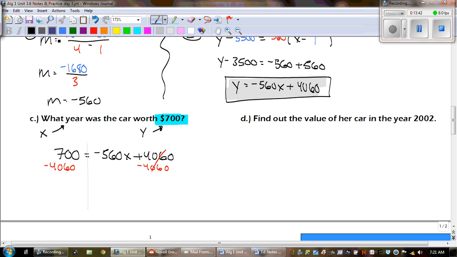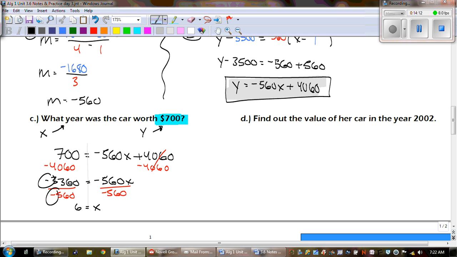Okay, and when you do that, you should get negative 3,900 equals negative 560x. And we're not done yet because the x isn't by itself. So divide that by 560 and we get 6. It's not going to be a negative 6 because it's a negative divided by a negative. You have to be careful about that.